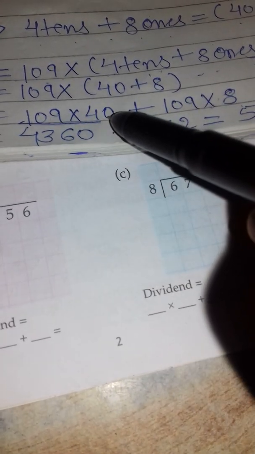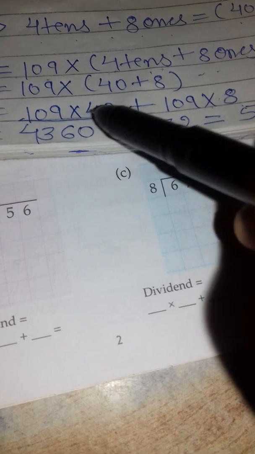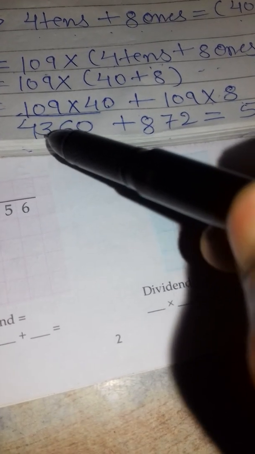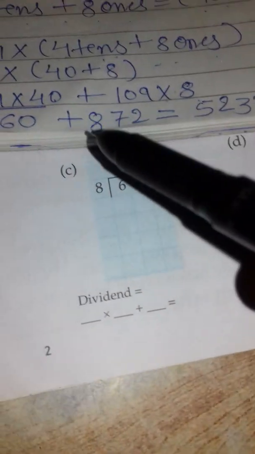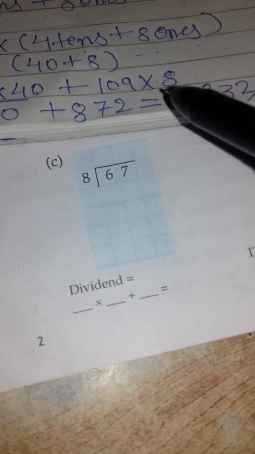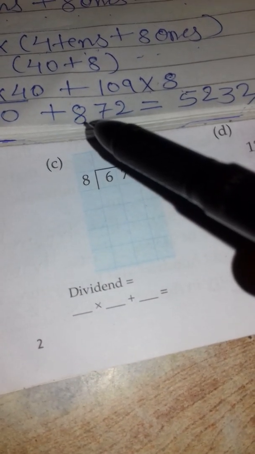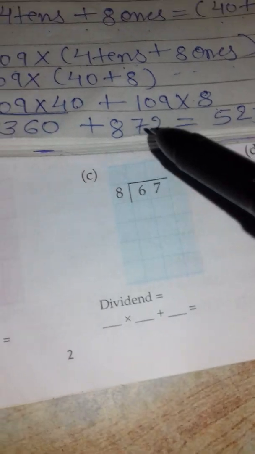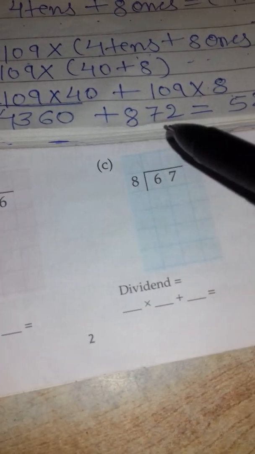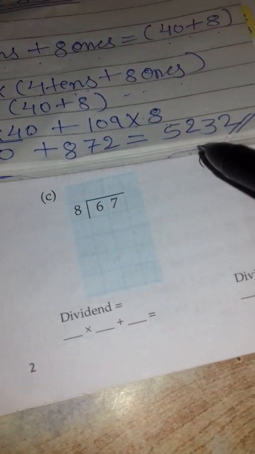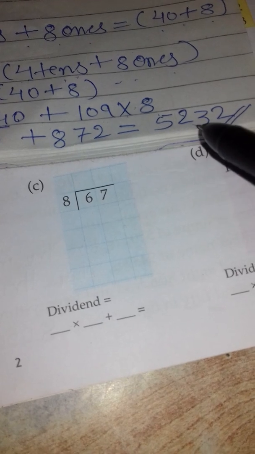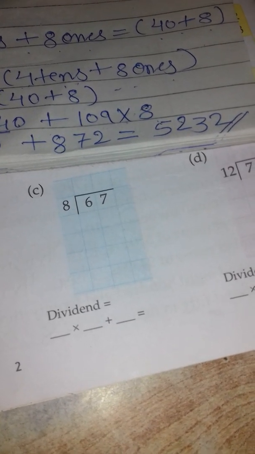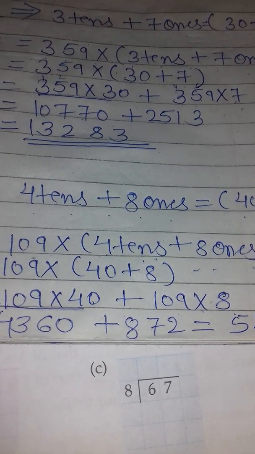We multiply 109 into 40, we will get 4360, then plus 109 into 8, we will get 872. If we add these two numbers together, we will get 5232 as the product of the numbers.